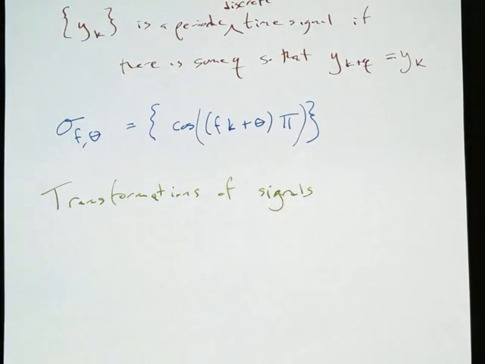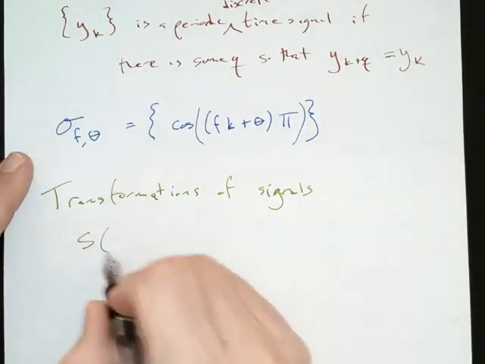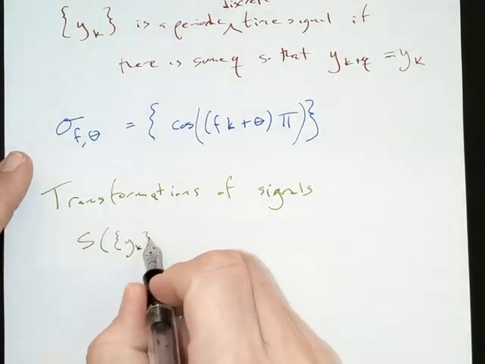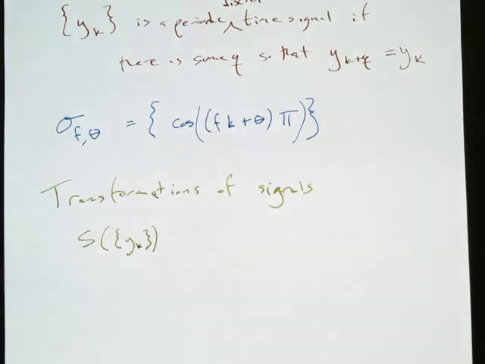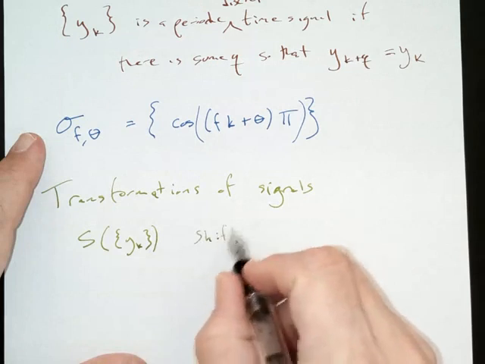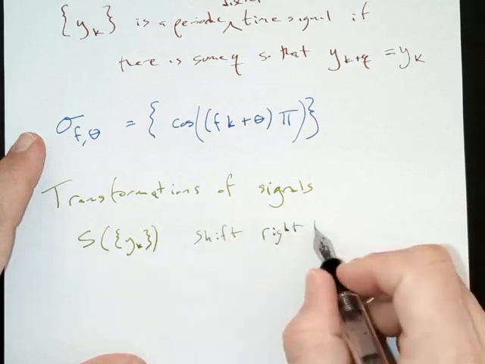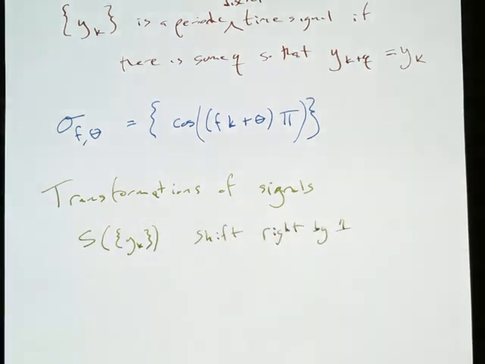So I'm going to define a couple transformations, and then I'm going to describe some properties that I want my transformations to hold. Here, transformation called S. S stands for shift. This is a one shift to the right.